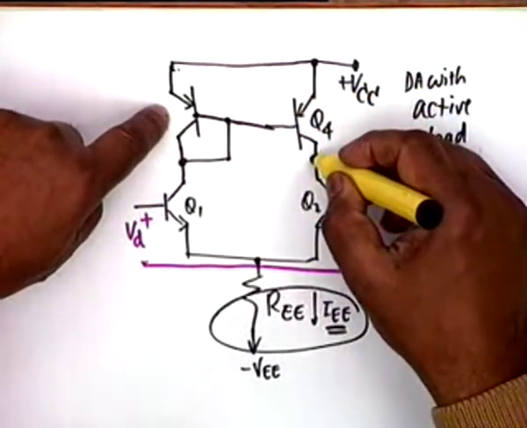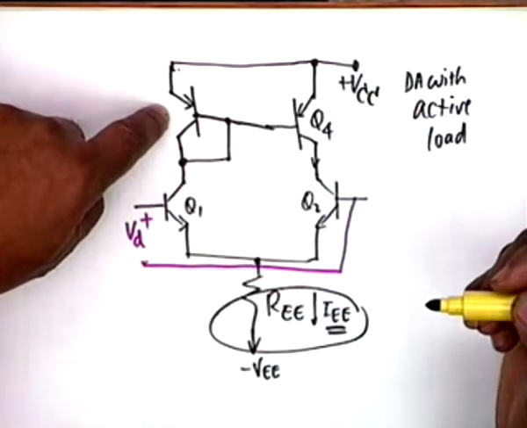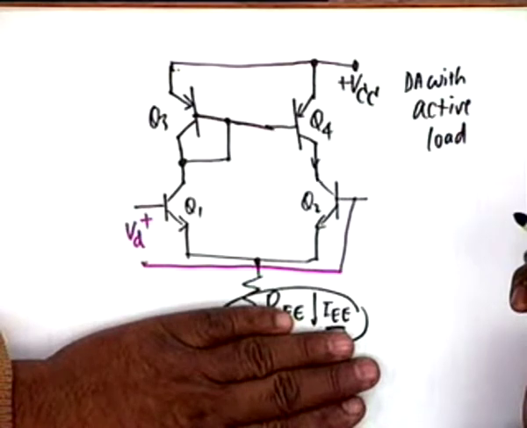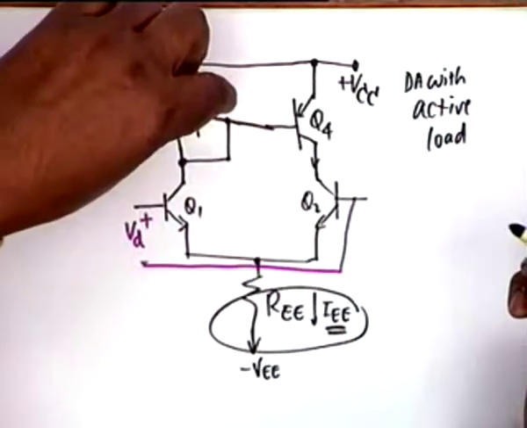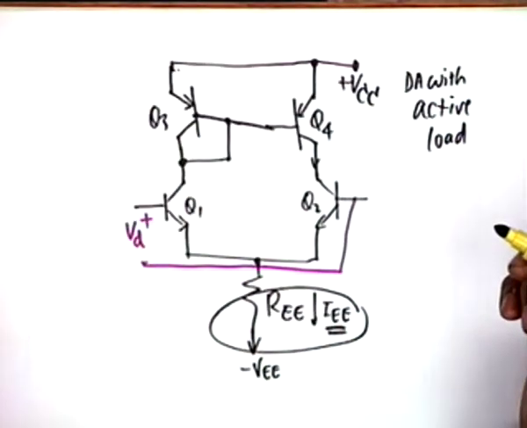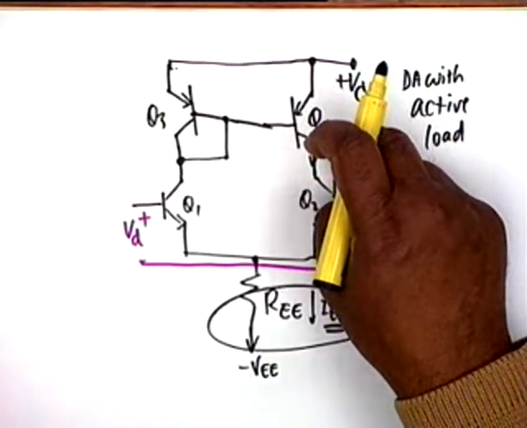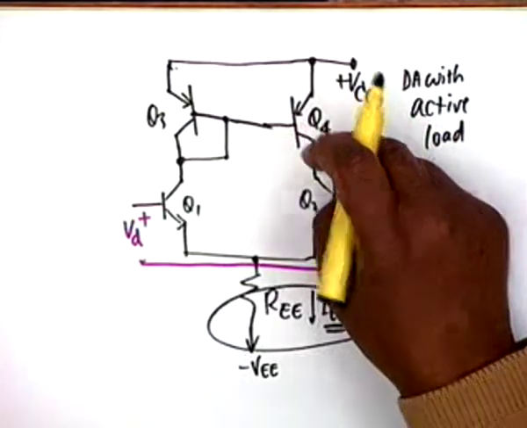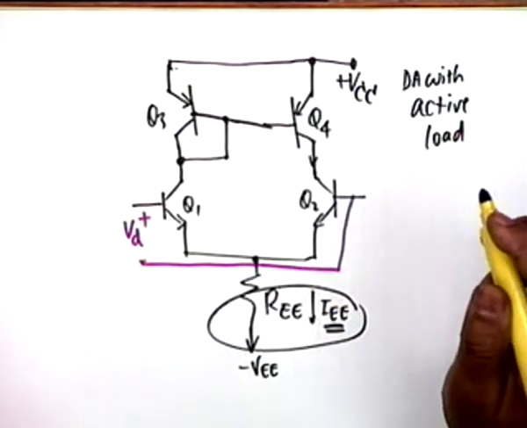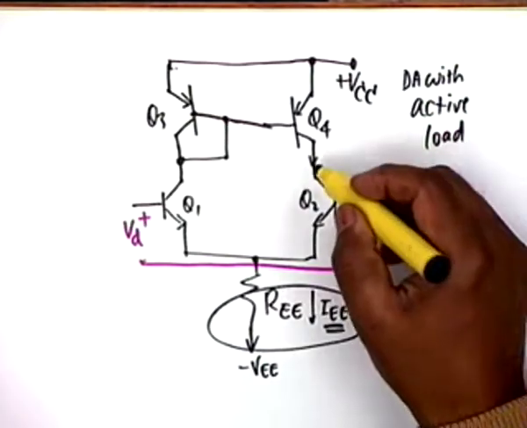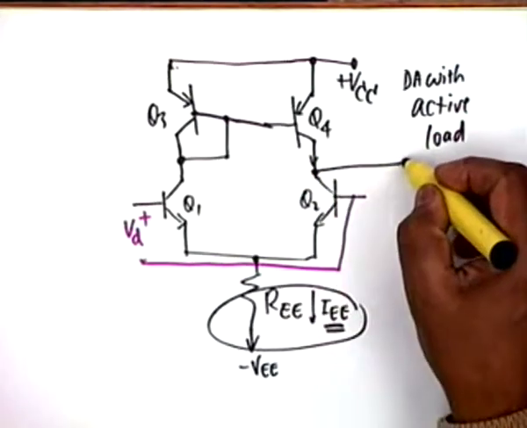The collector current here would be simply IEE by 2. So if IEE is referenced, then so is the Q3, Q4 current mirror. The current for this circuit is IEE by 2. Okay. The other thing, the output now is taken, single-ended output is taken from this.